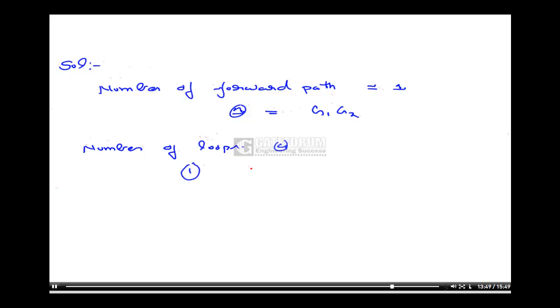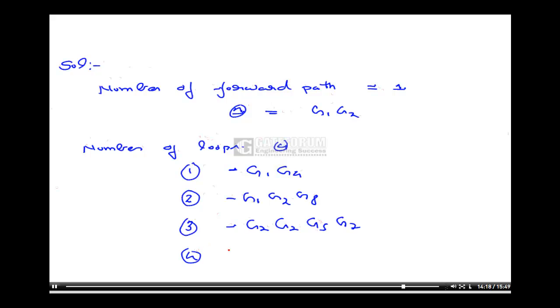The first loop is minus G1 G4, the second loop is minus G1 G2 G8, the third loop is minus G1 G2 G5 G7, and the fourth loop is minus G1 G2 G3 G6 G7. So these are the 4 loops.